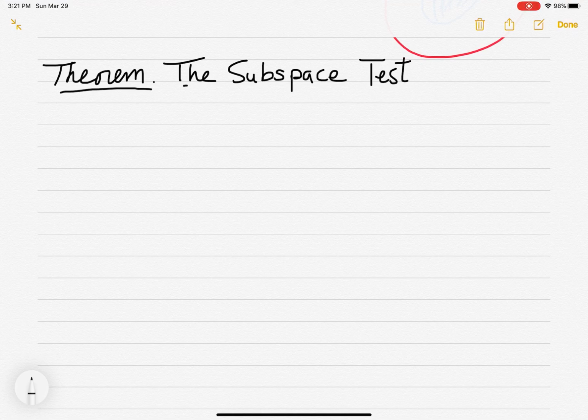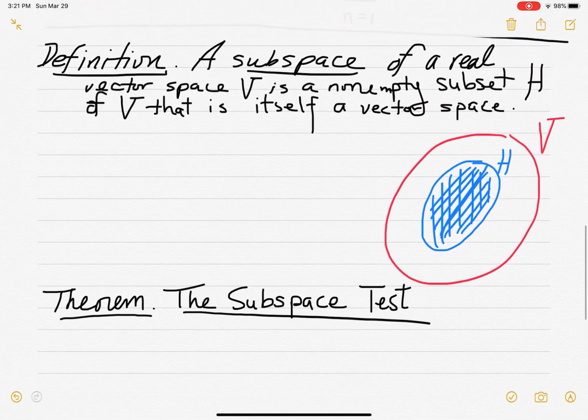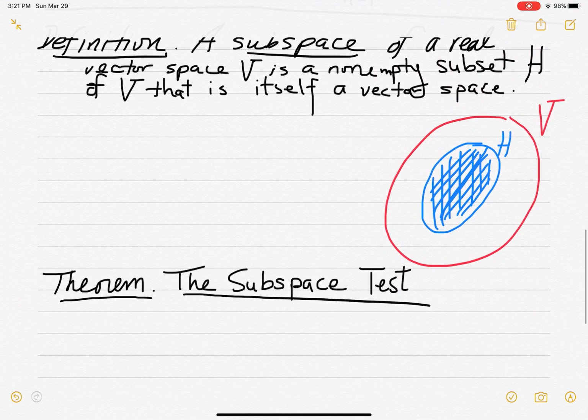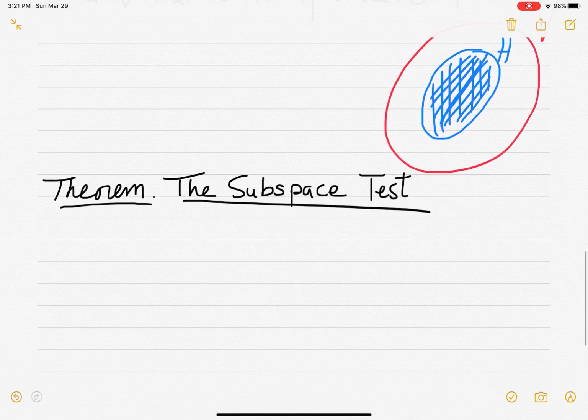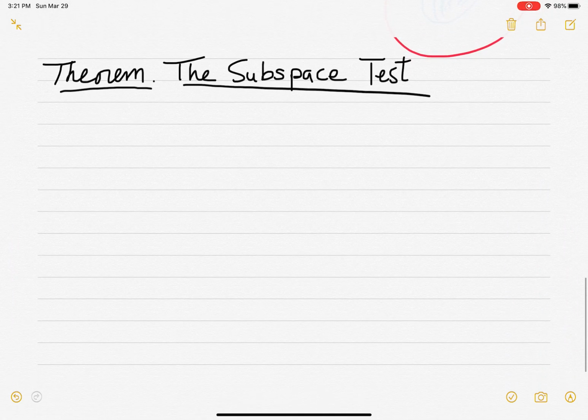Now, most books give this as a definition for a subspace, but in actuality, we have given the correct definition here, that a subspace is just a vector space within a vector space. So most books give this theorem as a definition. It's really not a definition. It's actually a theorem. Your book here, the book we're using, David Lay's book, gives this as a definition, but we're going to state it as a theorem. We're not going to prove this theorem.